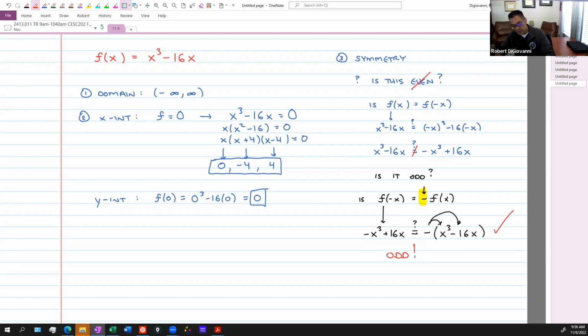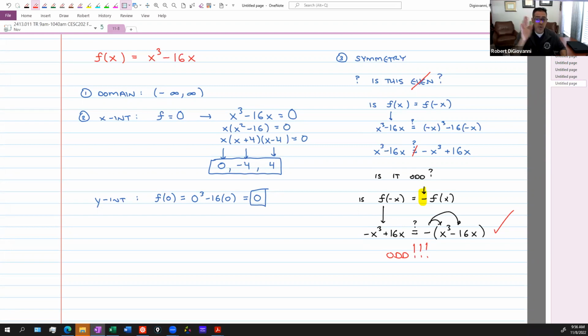It's an odd function. What does that mean? Even functions are reflections over the y-axis. Does anyone know what an odd function would look like? It's symmetrical over the origin. Over the origin. Very good. That's what we call it. But what it really means is it's a double reflection.